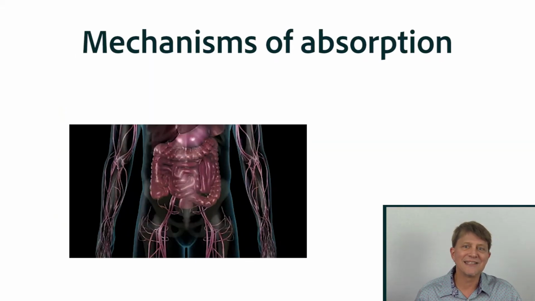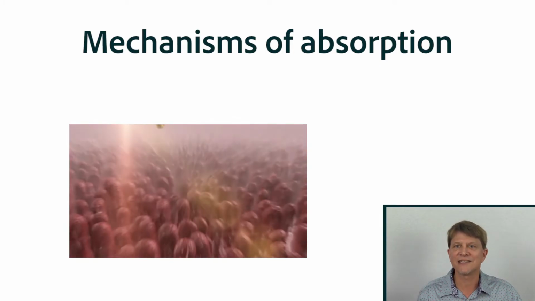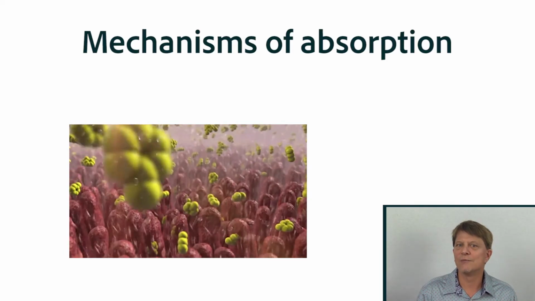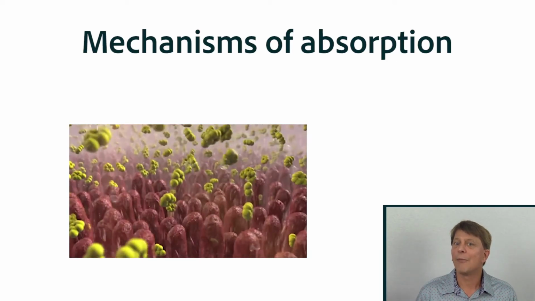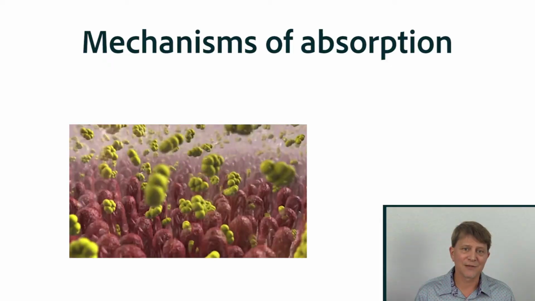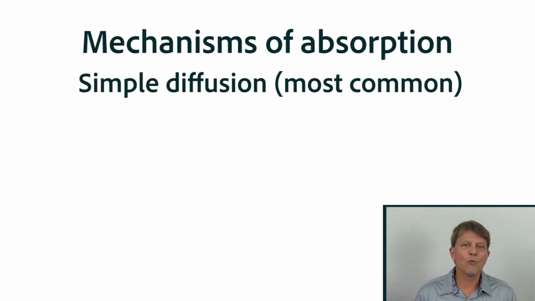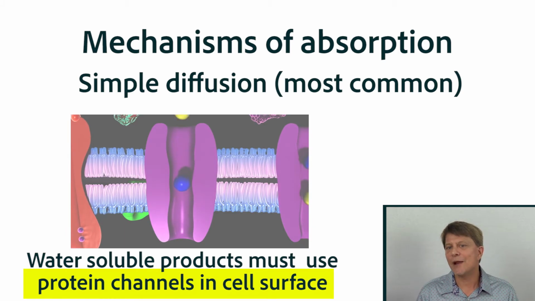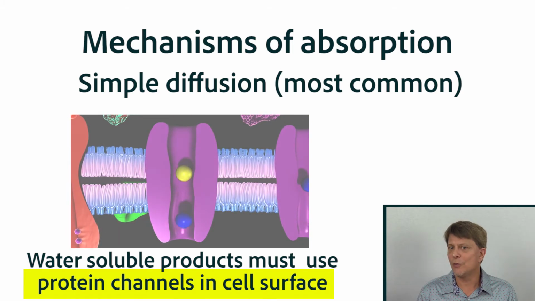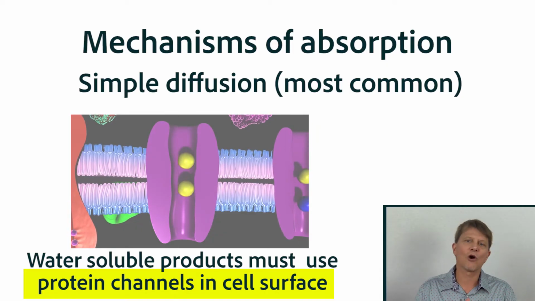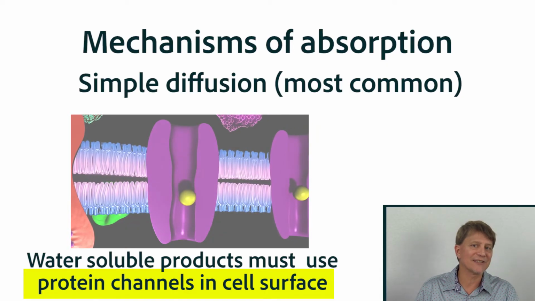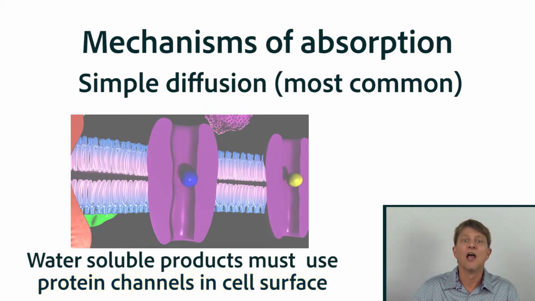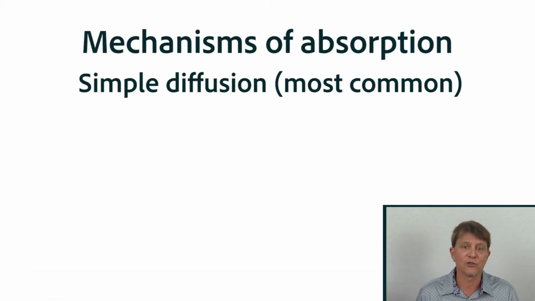After the drug has dissolved into tiny little fragments in the stomach and is in the small intestine, the drug's going to be absorbed into the bloodstream by a number of different mechanisms. And the most common way for a drug to get absorbed is by simple diffusion. In that process, the water-soluble products will move across channels in the cell surface, and they're going to move from the area of higher concentration to the area of lower concentration.